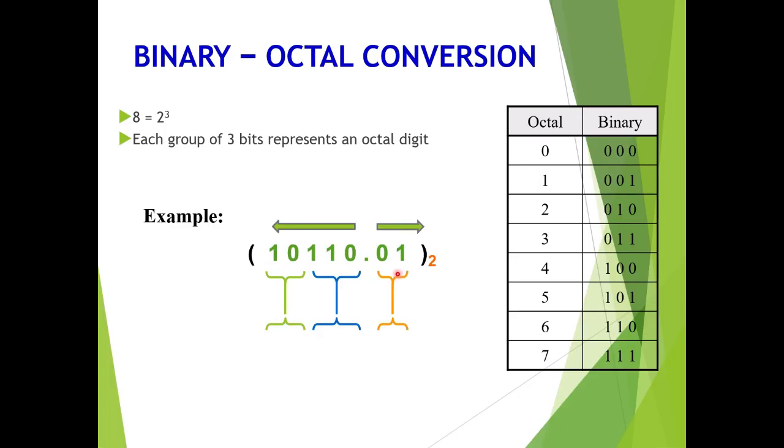Similarly on this side, that is the fractional part, we also have to add 10. The answer for 110 is 6. And similarly this 0 10, we have to assume 0 here, so 0 10 is 2. Similarly here 0 10, so this is 2. So 26.2 is the answer for 10110.01.